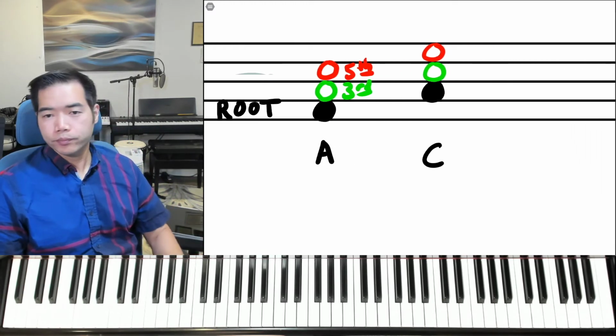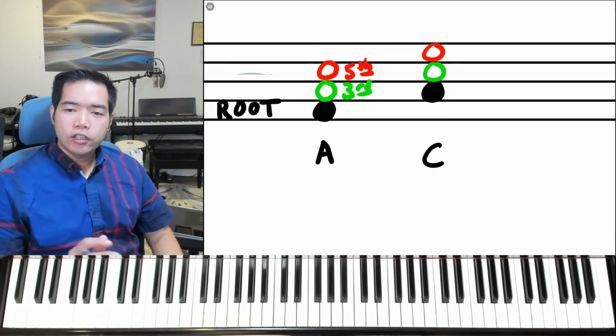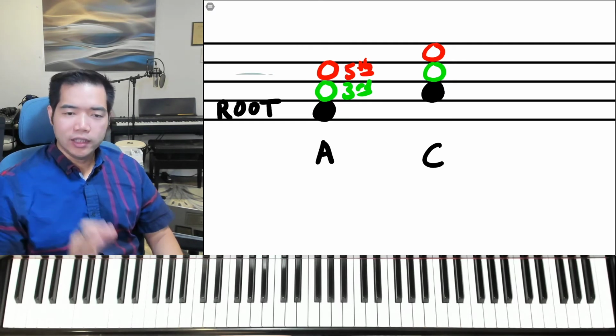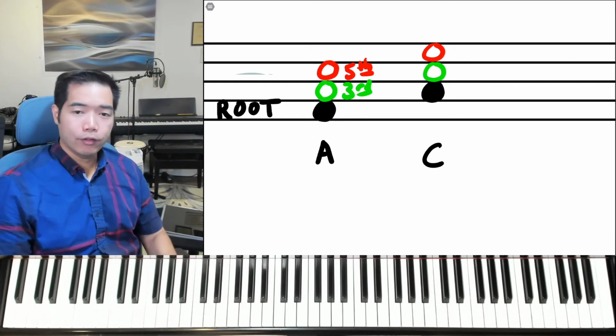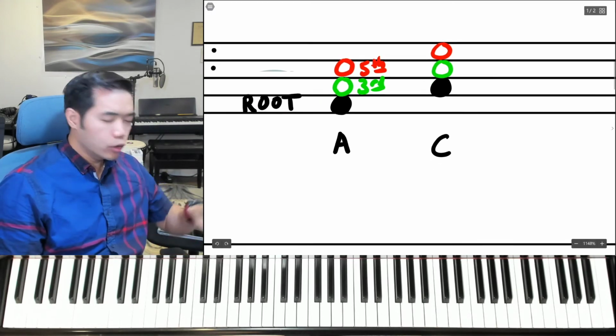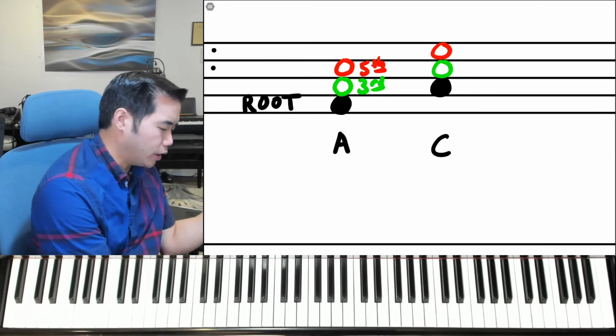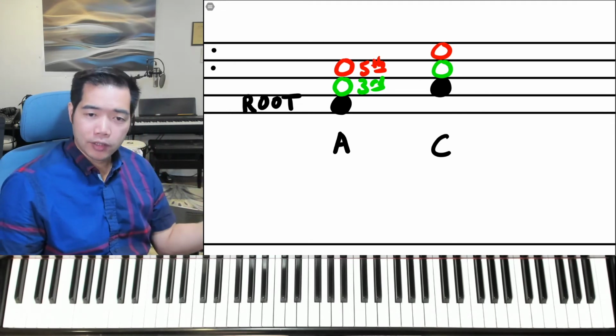Now, let's talk about qualities of triads, the different types of triads we have. So notice we have two types of thirds we're using. We have minor thirds and major thirds.